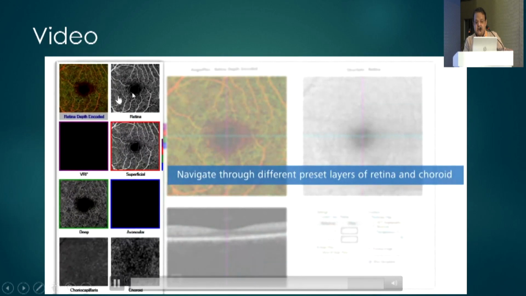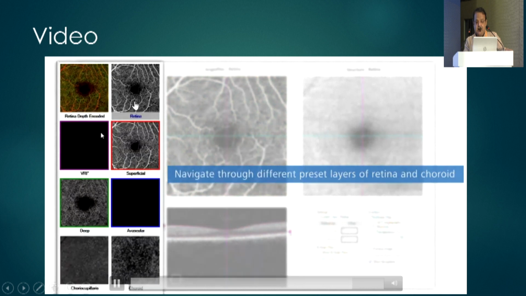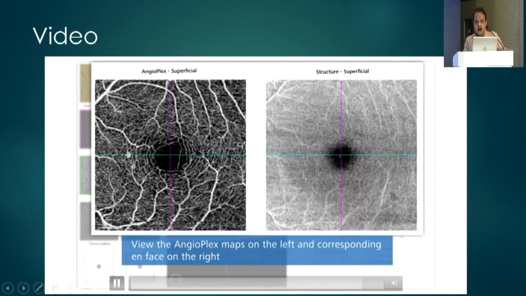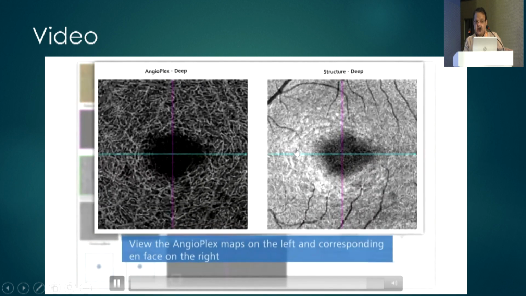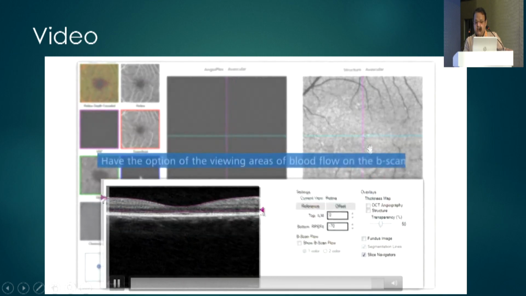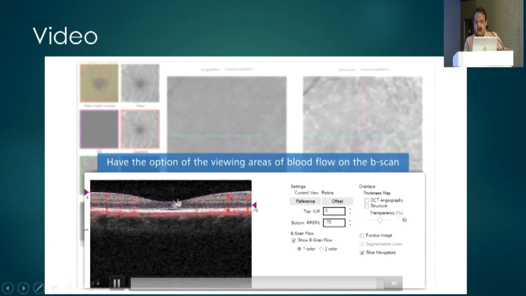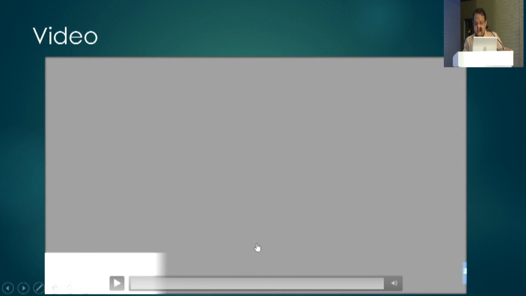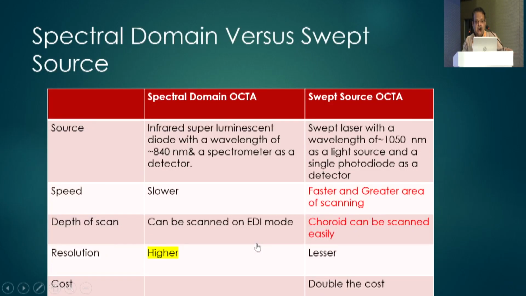There are preset modalities here. You can see retina, superficial layer, deep layer. These are Angioplex pictures, and these are structural or deep layer, and then you have the B scan pictures. And these red dots what we see is a flow overlay.